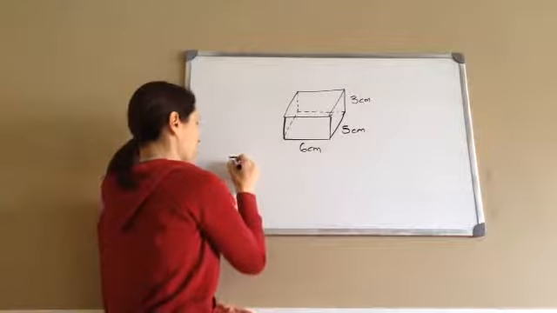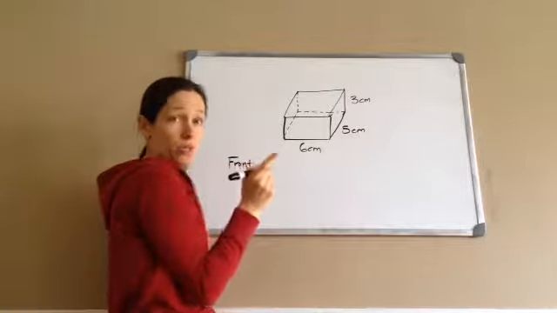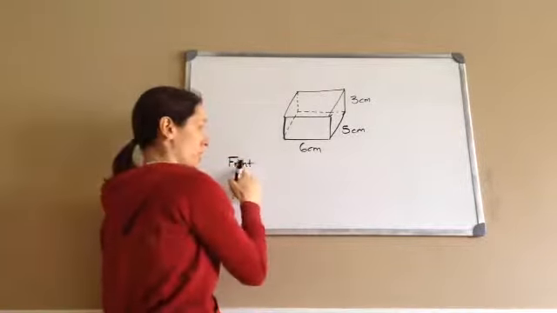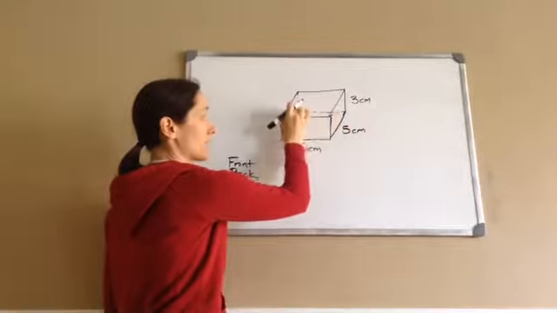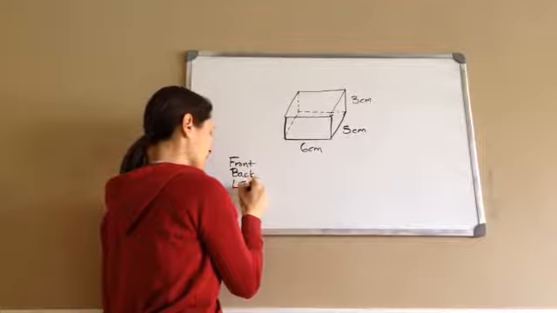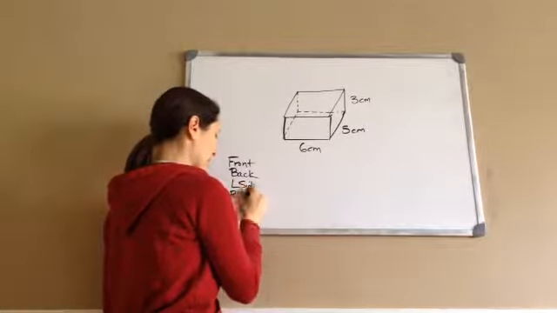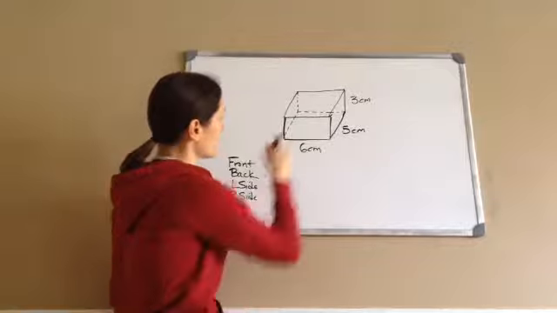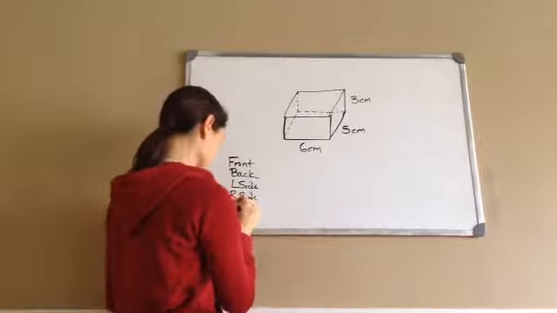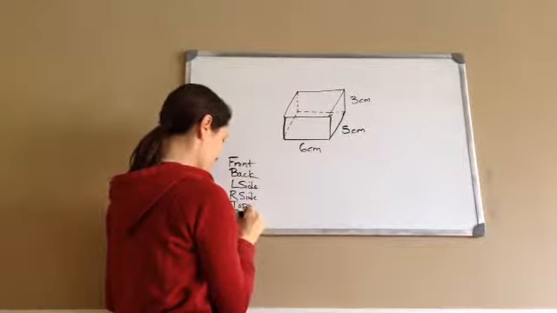So I'm going to say front. This is what you want to do when you're working on these, okay? You're going to say front, back, side, side. So left side, right side. Okay, and then what else we got left? Top and bottom.